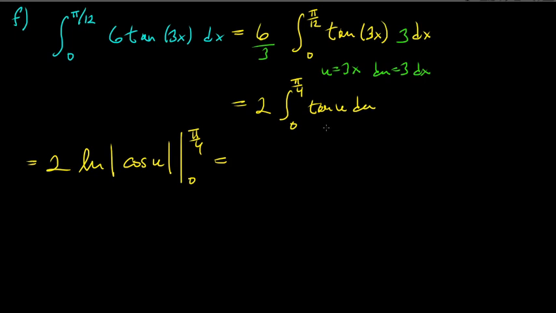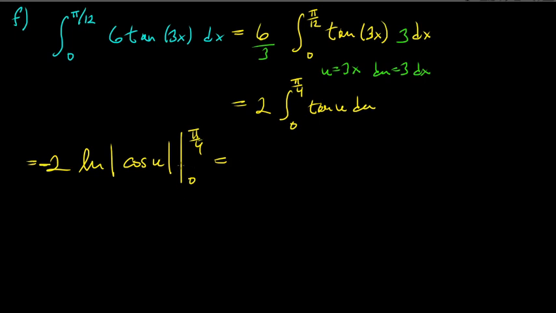Let's see, sine over cosine, the derivative of cosine is negative sine. Yep, so there should be a minus sign here. Sometimes I forget the minus sign. Yep, so negative 2 log of cosine of u from 0 to pi over 4. Of course, if you want to dispense with the negative sign, you can just flip this around and subtract in the other direction.